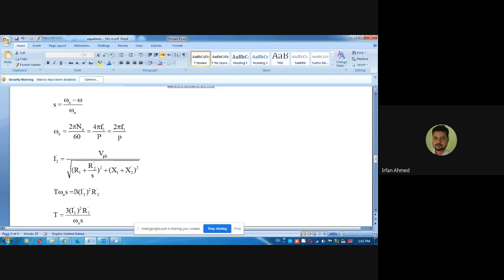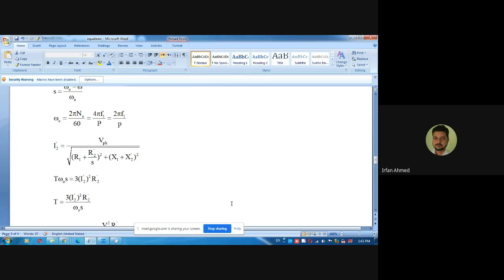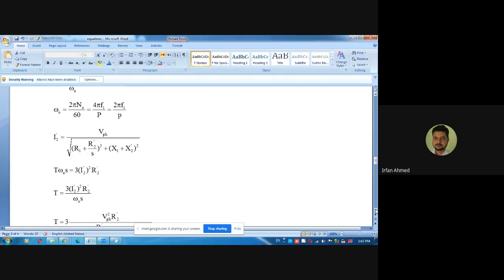So this is the copper loss, 3 I2 dash squared R2 dash, that is equal to S multiplied by, if you neglect the losses, then the air gap power will be same as the output power. This is torque omega 0. Torque into omega 0 is the power, multiplied by S. So this expression gives us torque is equal to 3 I2 dash squared R2 dash divided by omega 0 into S.